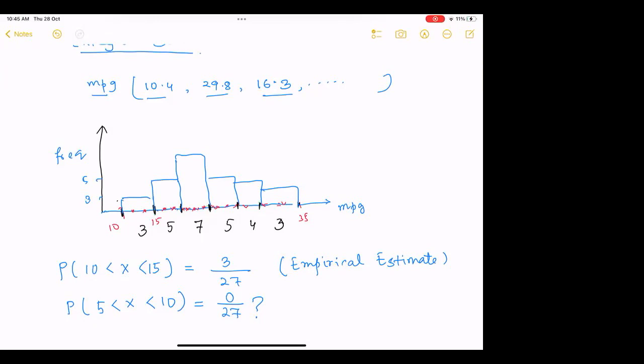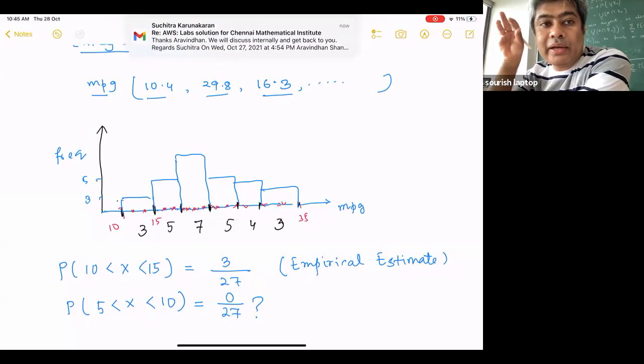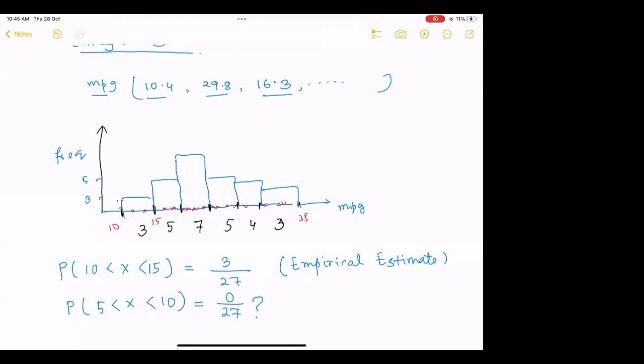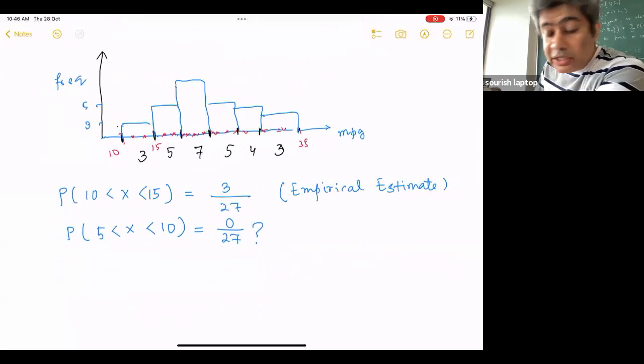Sir, for this sample, the empirical estimate is correct, but the population estimate is not correct. So you are saying that this sample has some kind of limitations. Yes, sir. So we say blind statistics has some limitations.